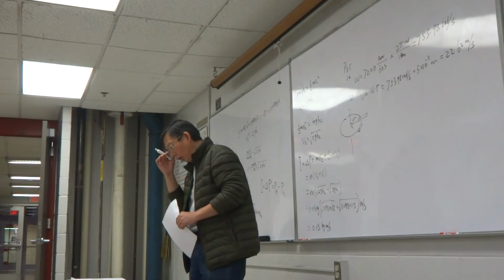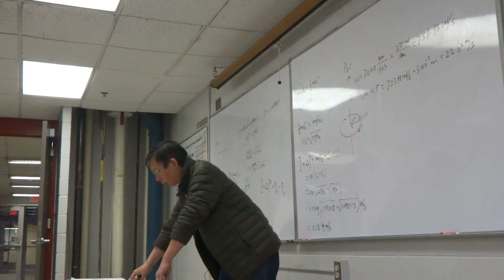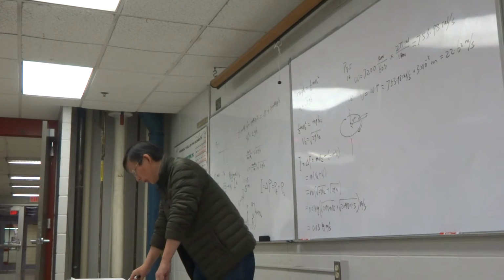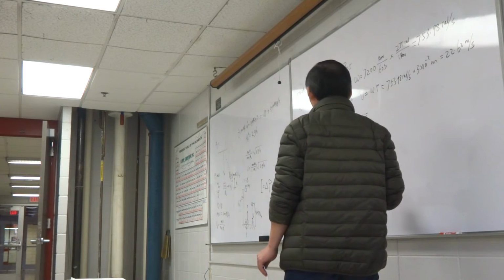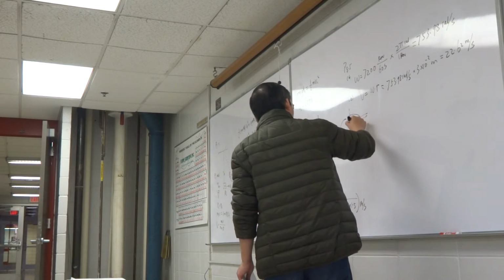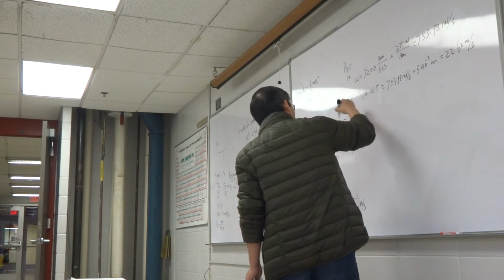The next part asks, if a single bit requires 0.5 micrometers of length along the direction of motion, how many bits per second can the reading and writing head write when it is 3 centimeters from the axis? The bits are located linearly along that circumference.